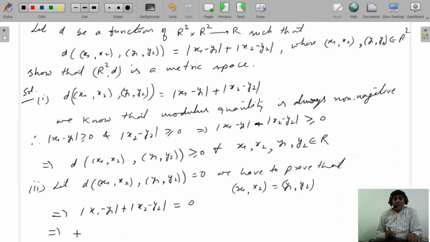This implies modulus of x1 minus y1 is equal to 0 and modulus of x2 minus y2 is equal to 0, because we know that if the sum of two modulus quantities is equal to 0, then the value of each modulus must be equal to 0.